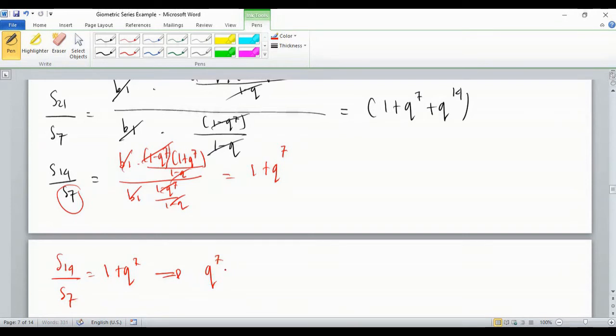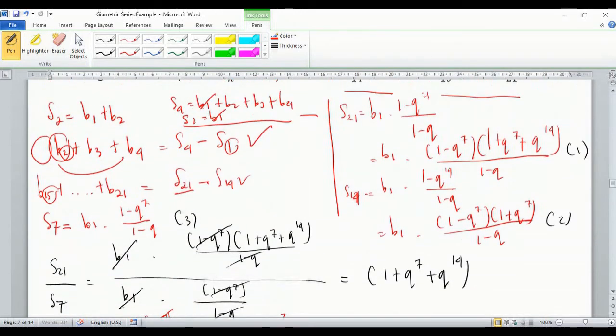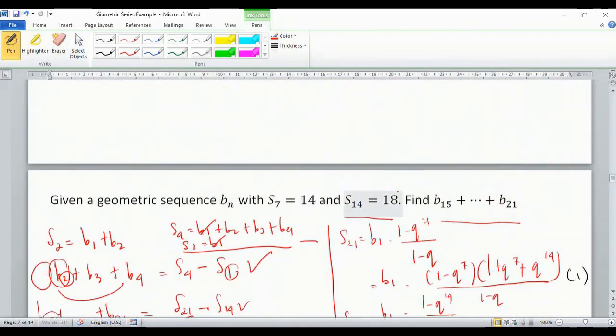So q power 7 is equal to S14 over S7 minus 1. We have S14 is 18 and S7 is 14.